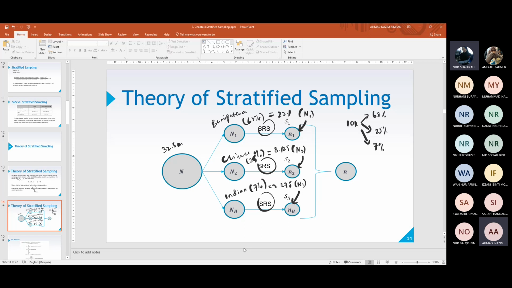So we will have 6,800 Bumiputra, 2,500 Chinese, and 700 Indian as our sample. Altogether, you will get a total of 10,000 sample. This is our N, the total sample, by using the stratified sampling technique.